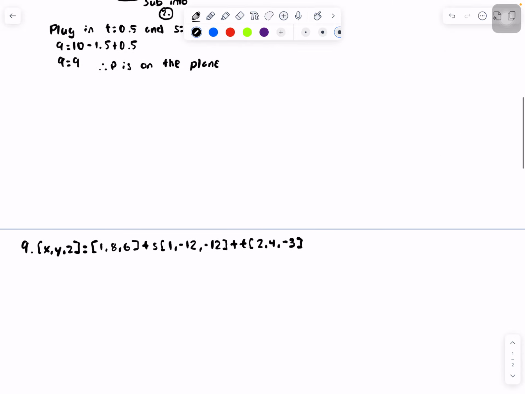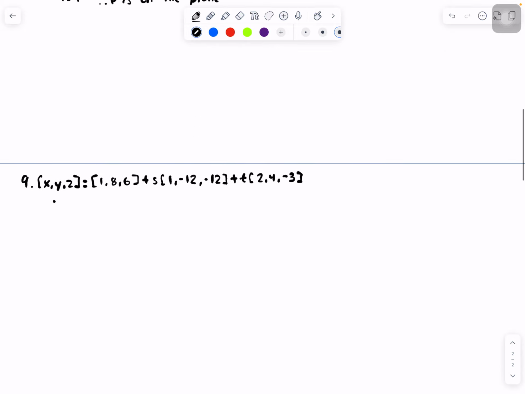Okay, so the parametric equations are x, y, z: 1 plus s plus 2t, 8 minus 12s plus 4t, and 6 minus 12s minus 3t.